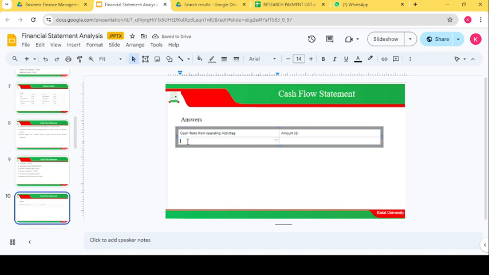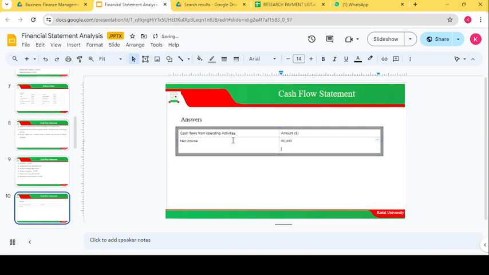One, we have our net income, which we are given the amount as 50,000. Then next, we have adjustments for the non-cash items. So here we are given $10,000.